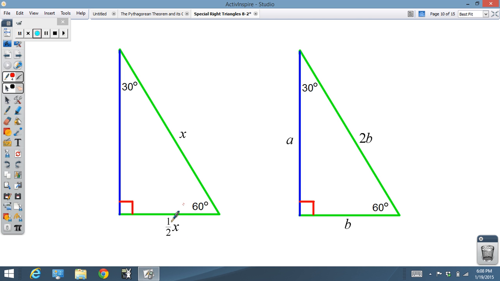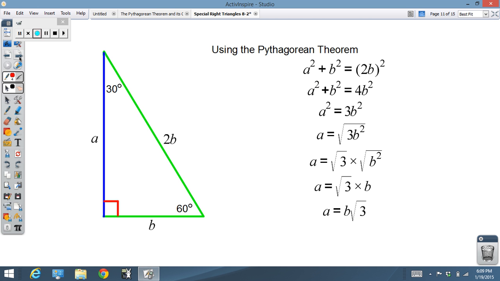Now, just to make it simpler, I'm tired of looking at fractions, so instead of calling this 1/2 x and this x, is it cool if we just call this b and 2b? I hope so, because same thing applies, right? This short part times 2 still gives us the hypotenuse, right? Which is one of the first things we're going to find out, okay? That in a 30, 60, 90 triangle, the short leg times 2 gives us the hypotenuse.